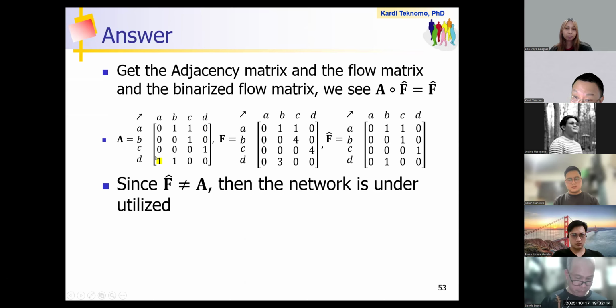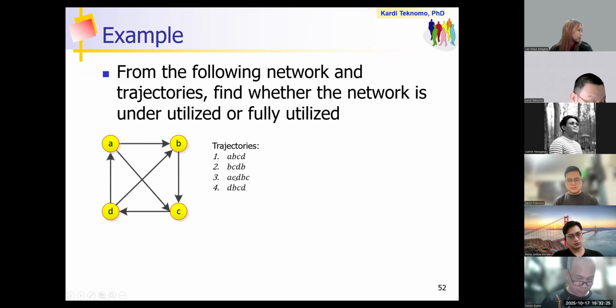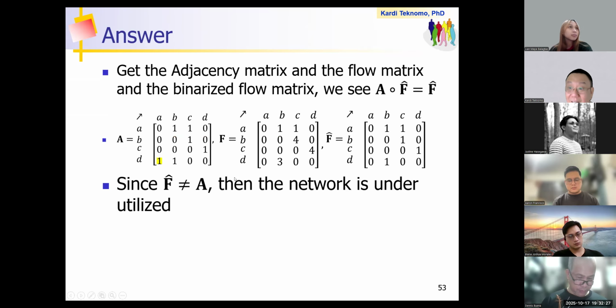Apparently not. Why? Because there is one link here, TA, which is not there. That means these 4 trajectories do not make the network fully utilized. It is still underutilized. Is it clear? That is the definition of fully utilized and underutilized.